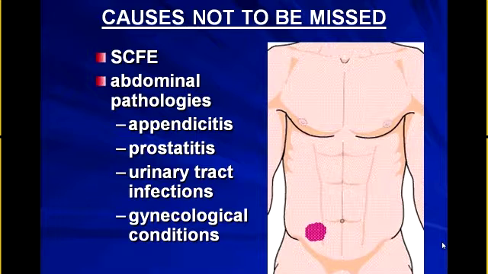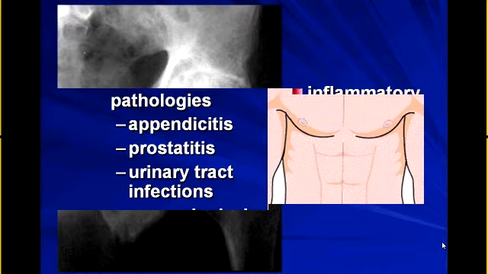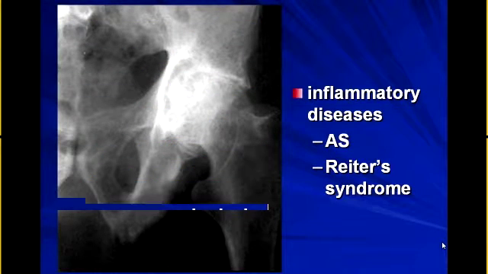Prostatitis, which is more in 50-plus-year-old males. Urinary tract infections, which are more common in females, and in this case particularly lower tract. Gynecological problems, and we've talked about those earlier. Inflammatory diseases such as Reiter's syndrome, ankylosing spondylitis, RA, all these things are systemic.